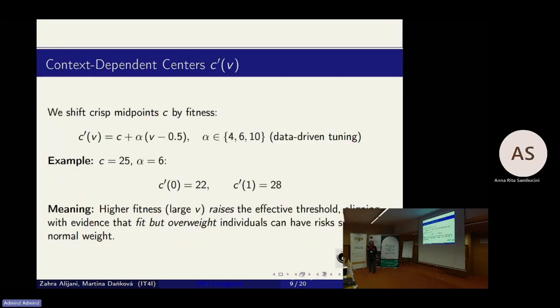If we set the baseline to 25 and alpha is 6, C prime 0 of 22 means that a person with zero fitness drops to 22, and with complete fitness rises to 28. A larger V, meaning higher fitness, raises the effective threshold, similar to the risk of normal weight.